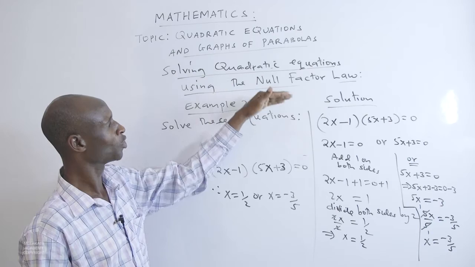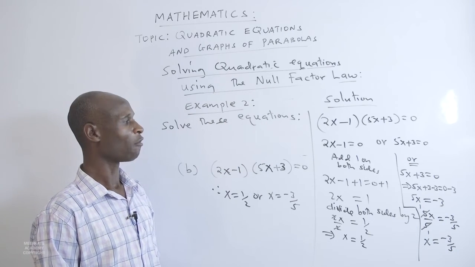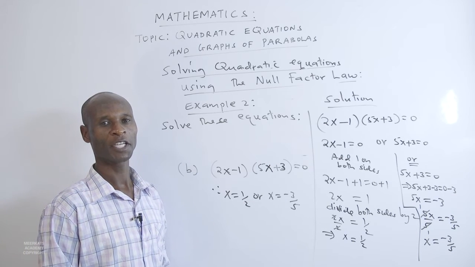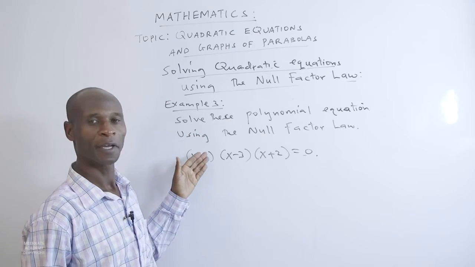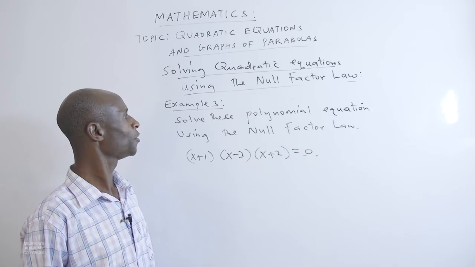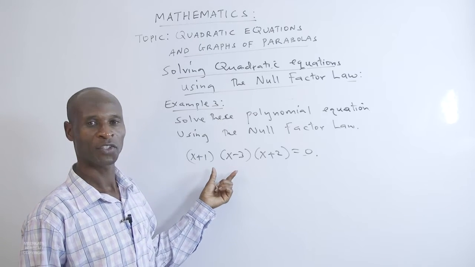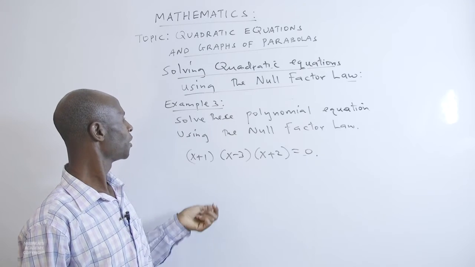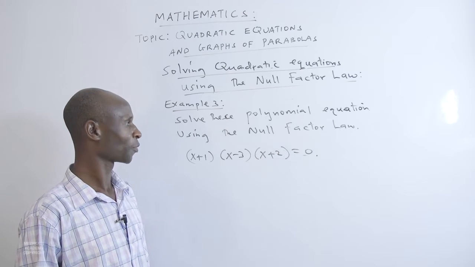That is how we use the null factor law to find solutions of given linear factors of a quadratic equation. Now, class, let us extend the same knowledge of solving the quadratic equation using the null factor law in more complex illustrations. So, in this example 3, solve this polynomial equation using the null factor law.